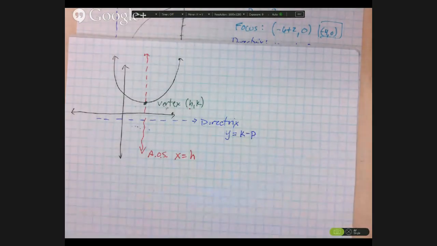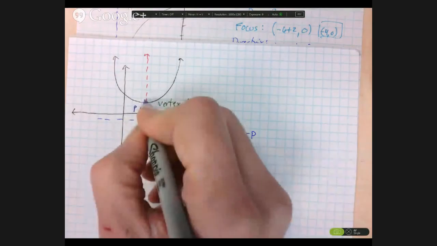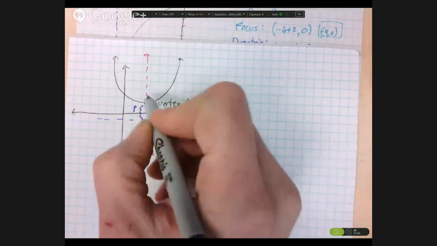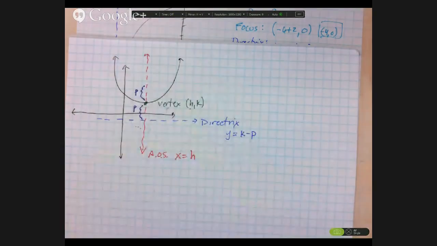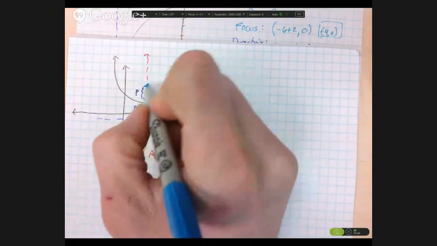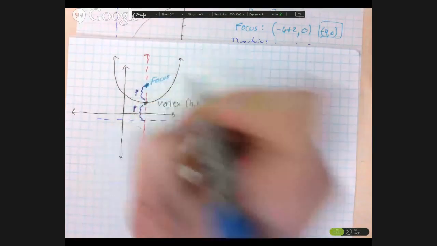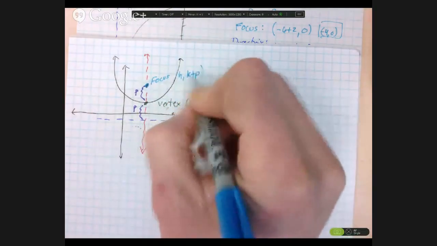Again, p is that value, and then the focus is (h, k plus p).